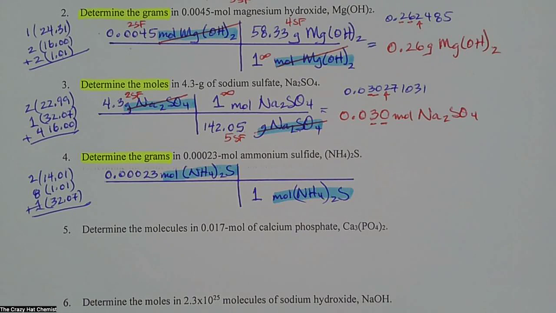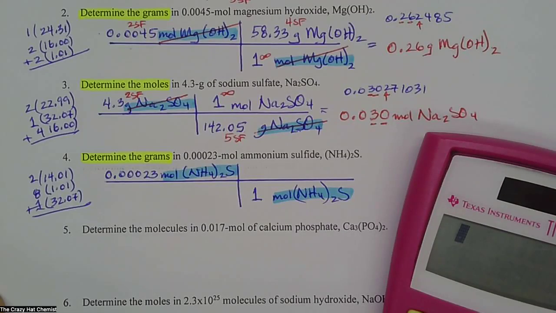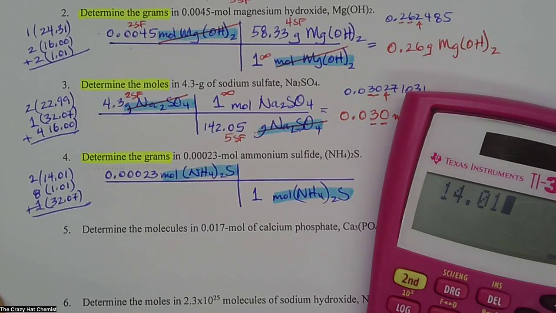Okay, cool. Let's see if we can do that here. We got 14.01 times 2, and we got 1.01 times 8, and we have 32.07. We're going to add all that up, and we're going to get the molar mass here. So 14.01 times 2 plus 8 times 1.01 plus 1 times 32.07.